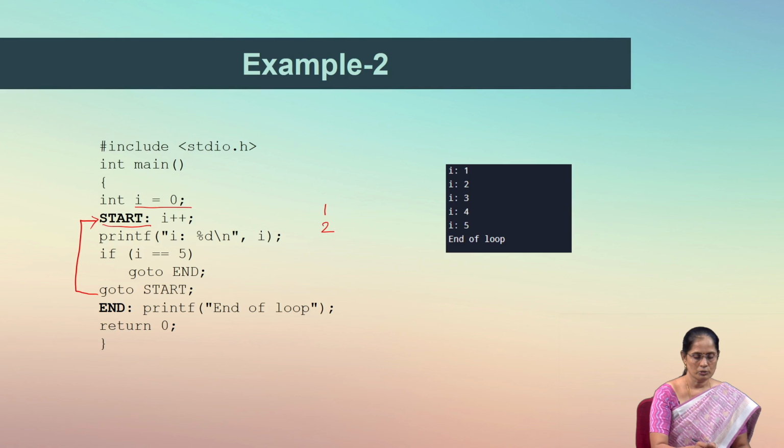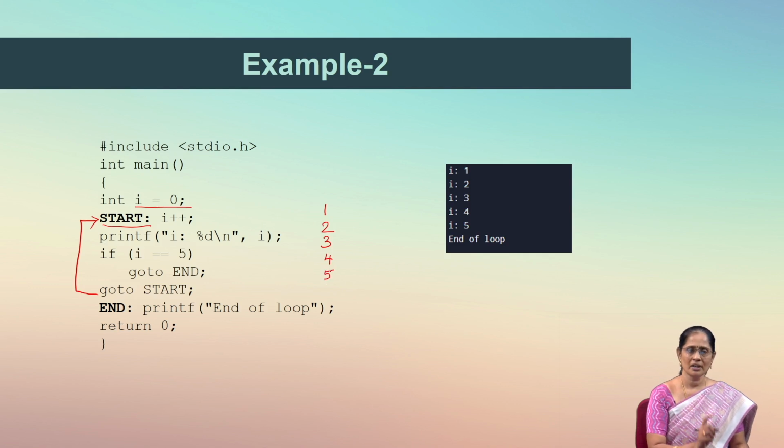It is not. So, again going back to start, the I value is incremented by 1, which becomes 3. Now, we are again checking the condition I equal to 5, it is not. So, we again go to start. Now, we increment the value of I by 1, so we get 4. We execute one more iteration and the value of I becomes 5.